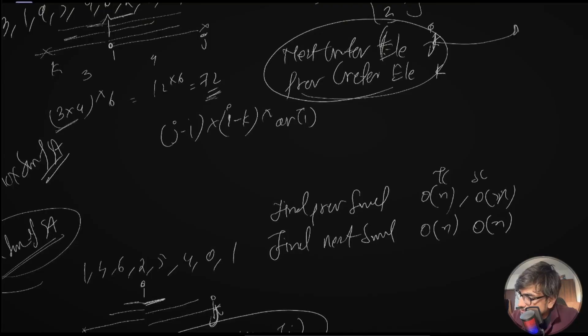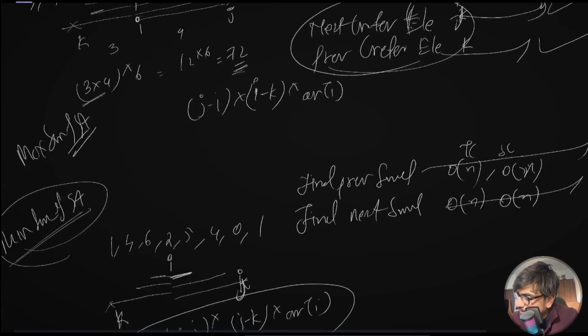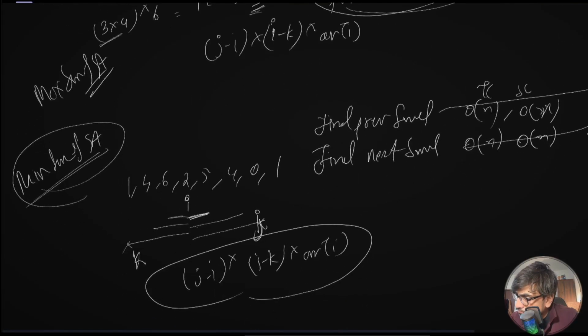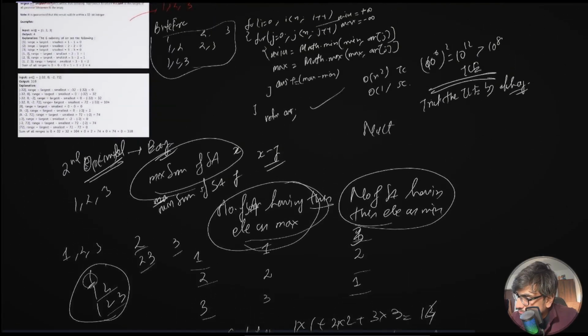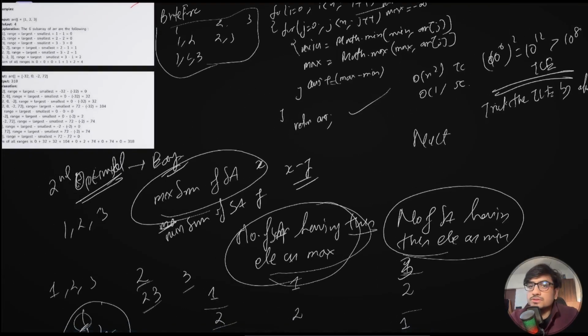Next greater element already done, previous greater element already done, these two with some similar tweak, and at last we're going to take the contributions from both sides. This will work, and I'm going to solve today's question by this approach.